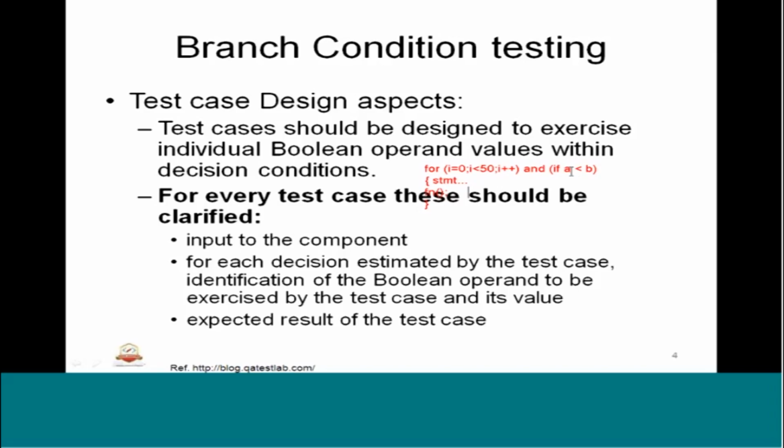And now, since we have A less than B as a branch condition, we need to evaluate all the aspects of A as well as B in order to test the Boolean operands. The Boolean operands could be logical expressions such as or, and, etc.